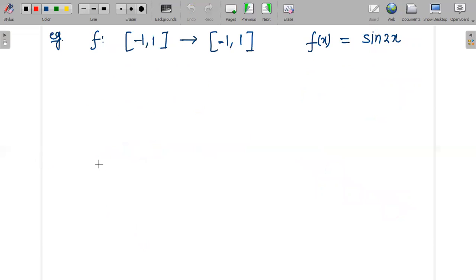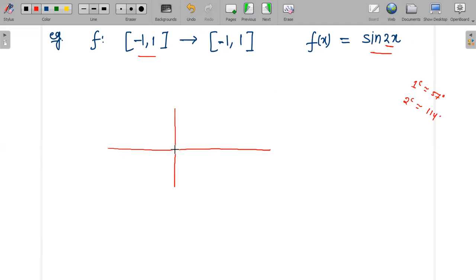But if I modify my function, let us say this time my function is sin 2x, and again I am feeding the input from -1 to +1, let me check what its impact will be on the range. If the input is from -1 to 1 for 2x, then eventually I need to draw the graph of sin x from -2 to +2. As I mentioned earlier, 1 radian is around 57 degrees, so 2 radians will be approximately 114 degrees.